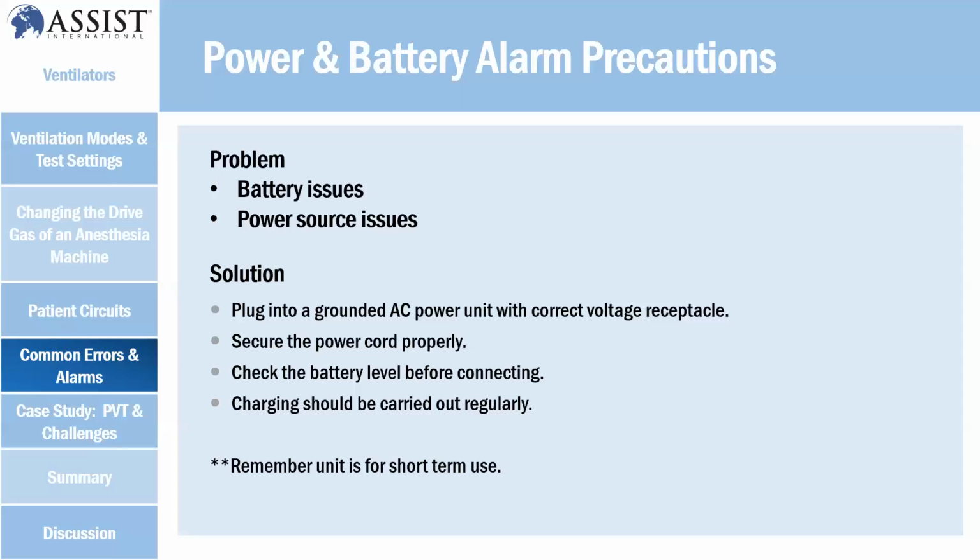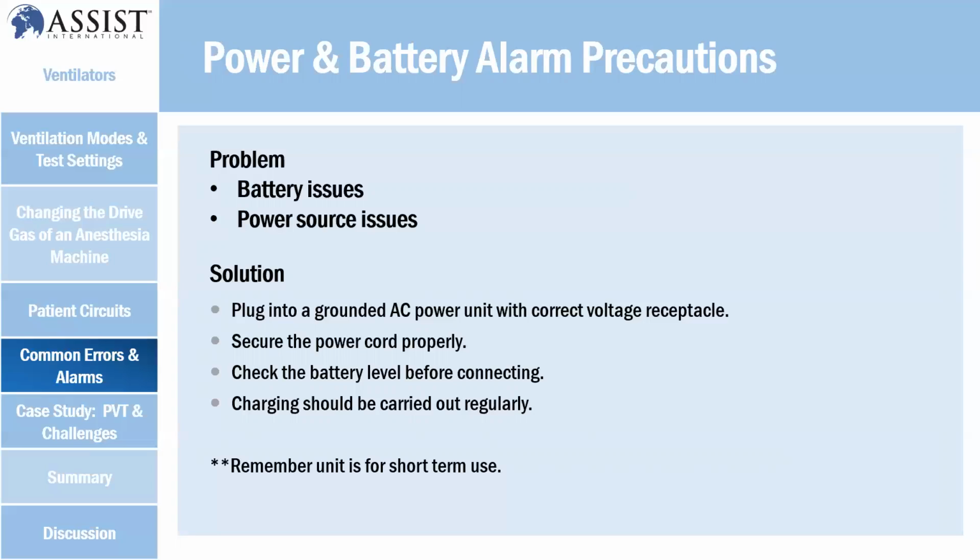And always remember, the lifespan of the battery can be 1 to 2 years. So you need to know whether the battery needs to be replaced or not. These are recommended by most manufacturers. And remember, your ventilator is critical equipment, so the battery plays a very important role.